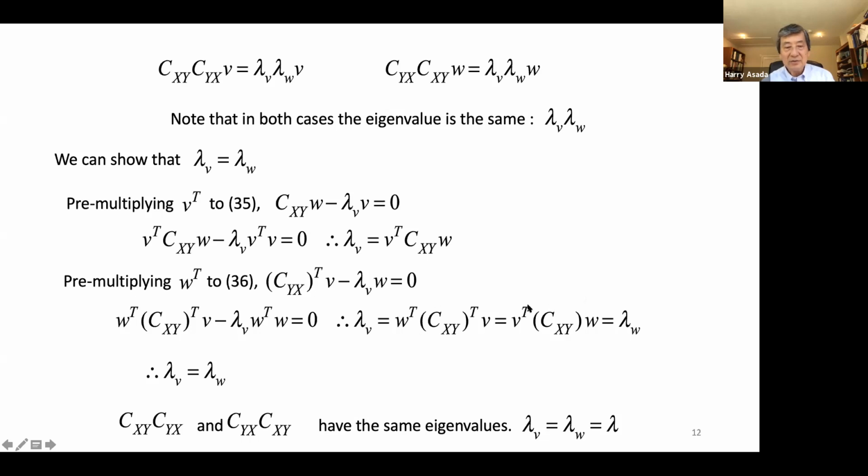This is exactly the same as this one, so lambda_V and lambda_W are the same. So these two matrices, although different in dimensions, have the same eigenvalues. We can write this as lambda squared.